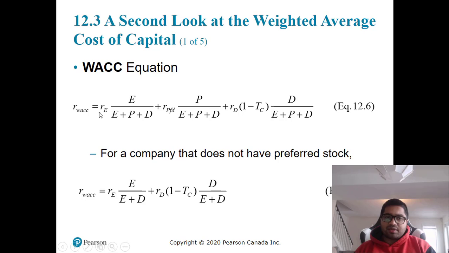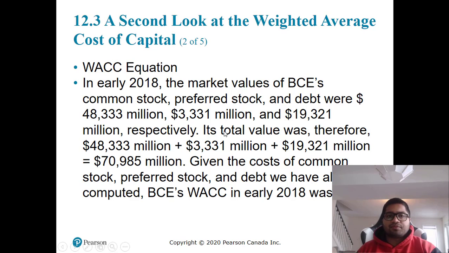So the WACC function becomes cost of equity into weight of equity, plus cost of preference into weight of preference, plus return on debt yield into 1 minus tax into weight of debt. If the company doesn't have preferred stock, remove this preferred part.